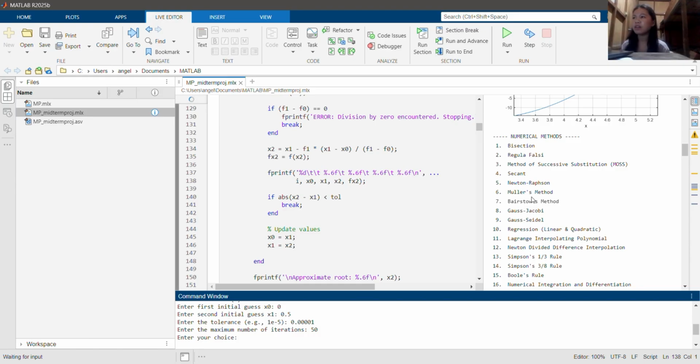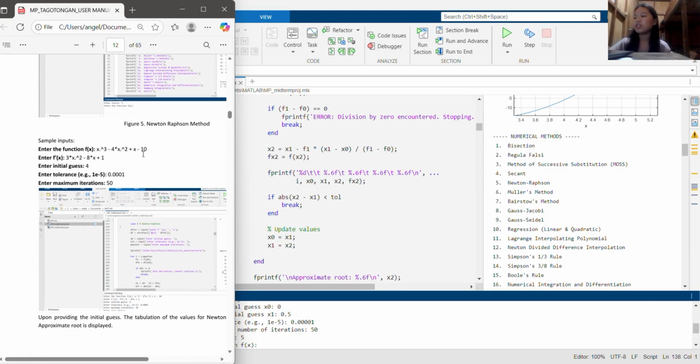Next is the Newton-Raphson, which is fifth in our choices.